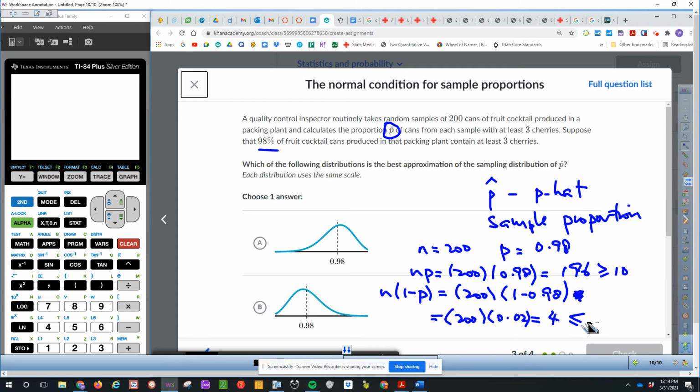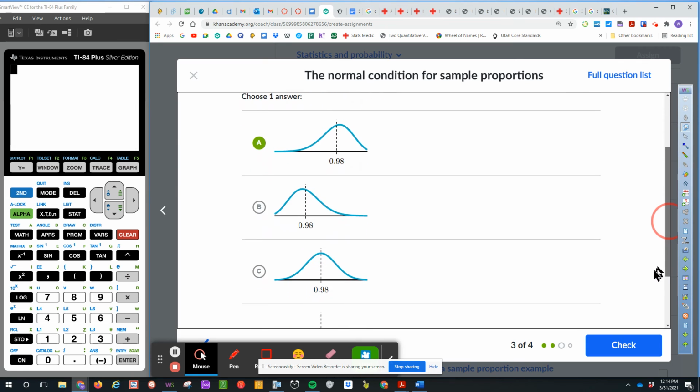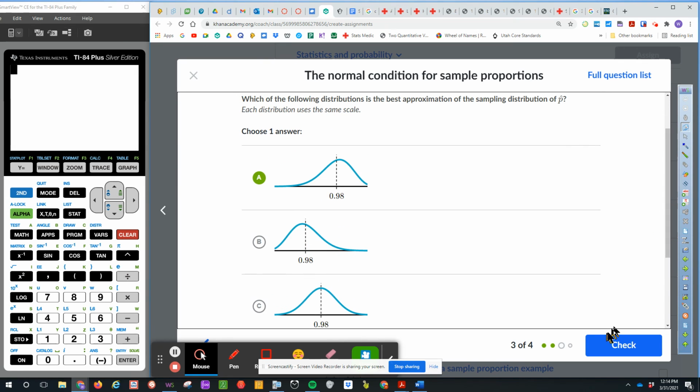That is less than 10. So the failure here is 4, which is so much less than 196 for the success. So you have less on the left, and the distribution could be skewed left.